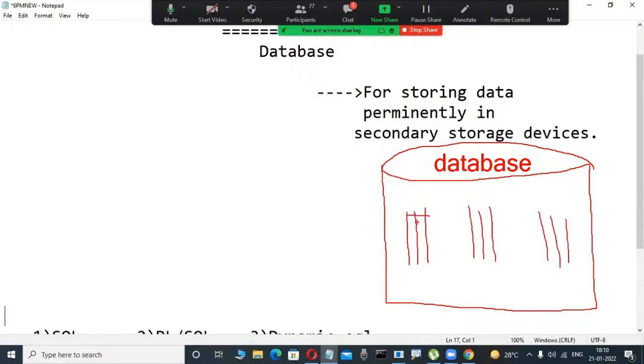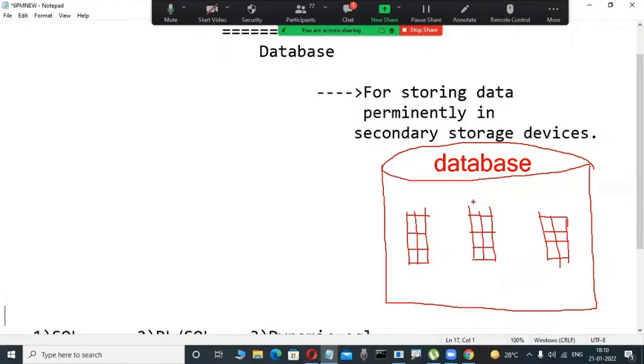E. F. Codd introduced this relational data model concept, and based on that, these types of databases are implemented in different companies. E. F. Codd is a mathematician working at IBM. That's why he decided to represent the data in the format of a matrix. In mathematics, everyone knows a matrix has rows and columns.